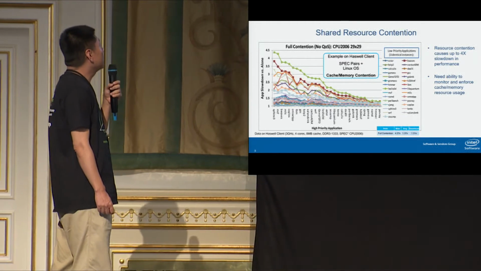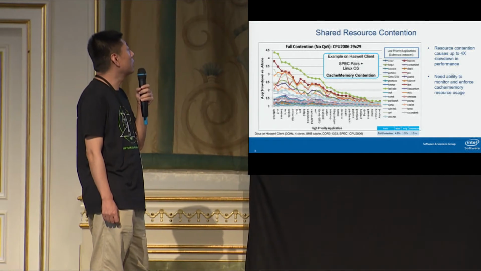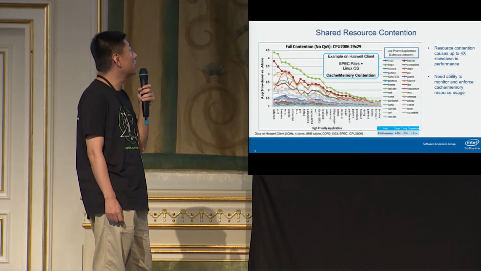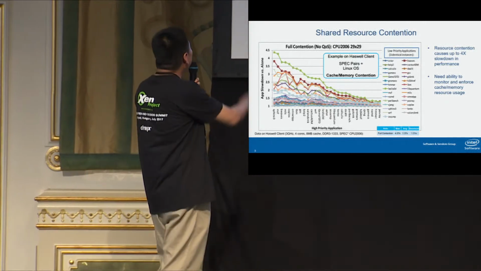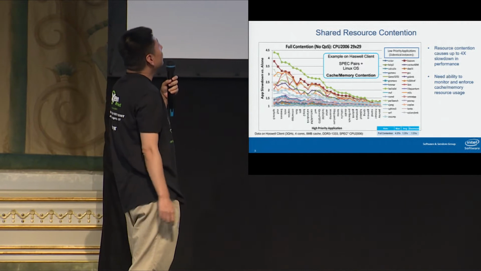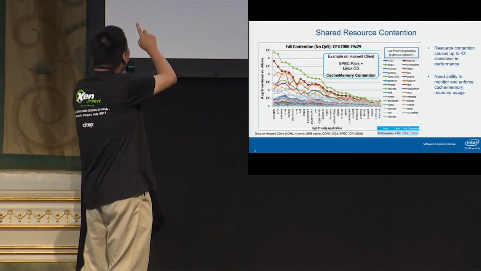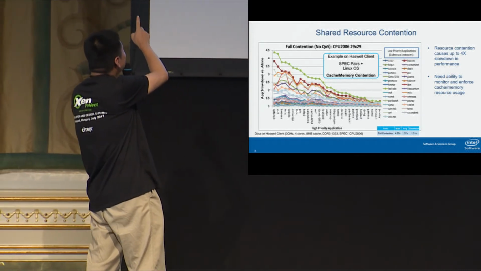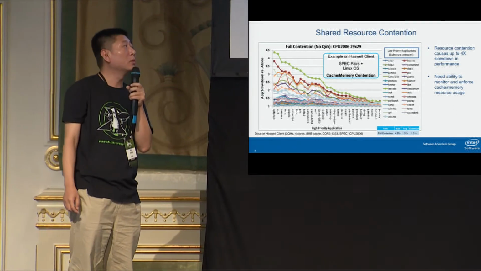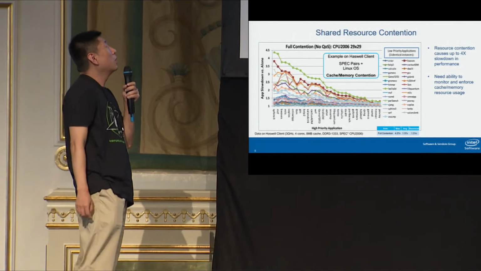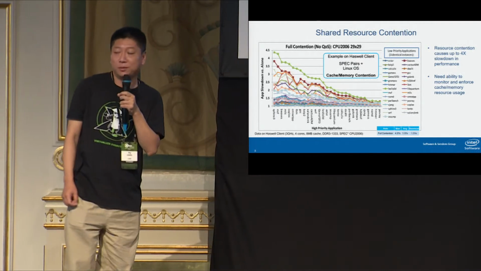This test was performed on a hardware platform which has 4 CPU cores and a last level cache size of 8 megabytes. The worst case is Sphinx 3, when it is running with another test case, Leslie 3D. It causes a performance slowdown of up to 4.5 compared to running the test case alone. One major reason for this performance impact is shared resource contention.